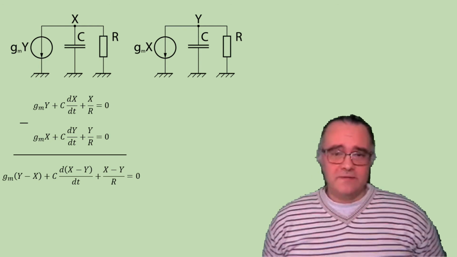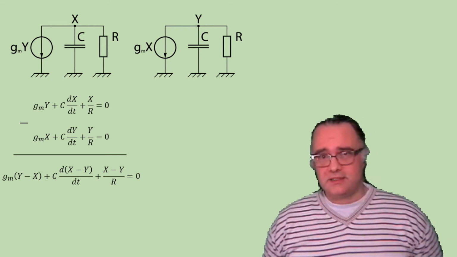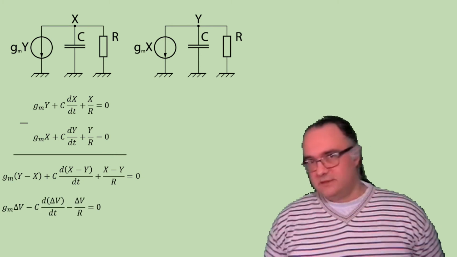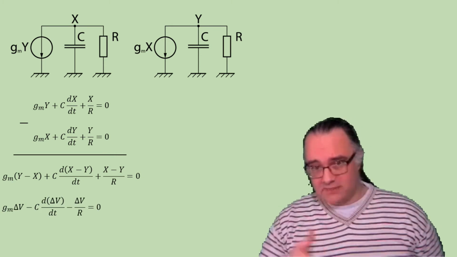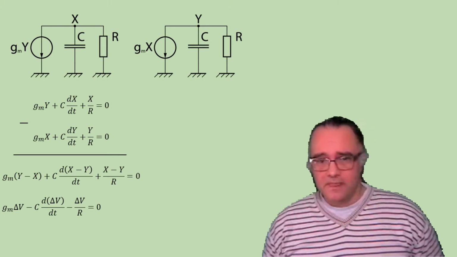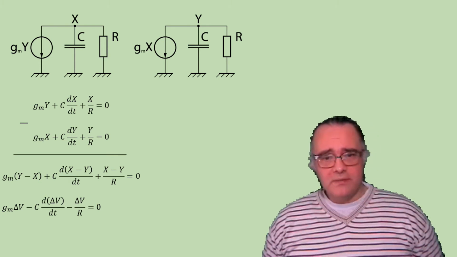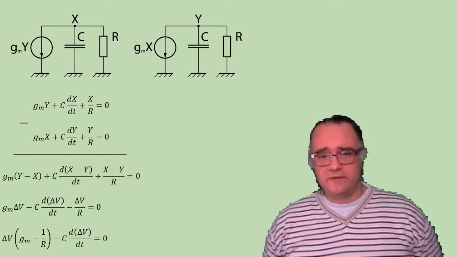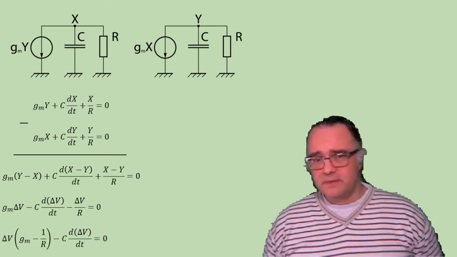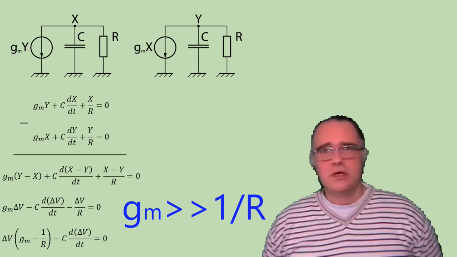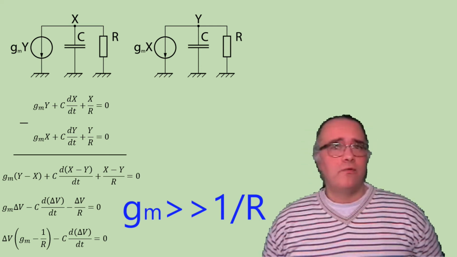Now the difference of the voltages we defined as delta V, and of course y minus x is defined as delta V, then x minus y will be minus delta V. So we rewrite the equation, and then we can group variables, and we get a simple differential equation. We can simplify further by realizing that Gm is usually much larger than 1 over R.